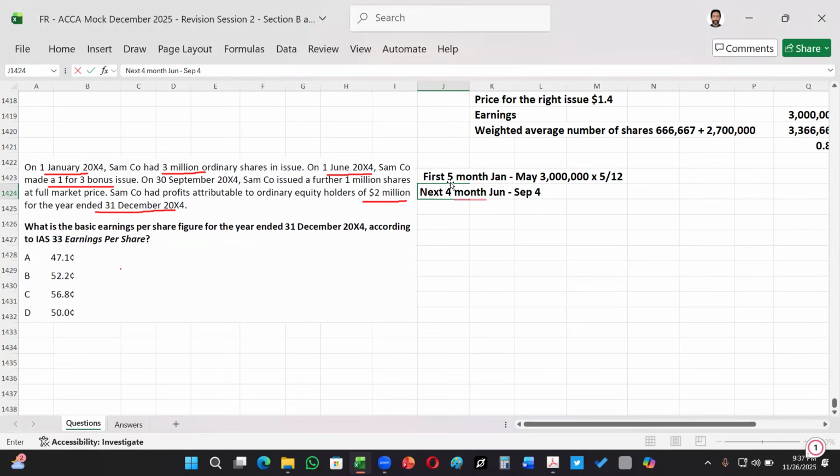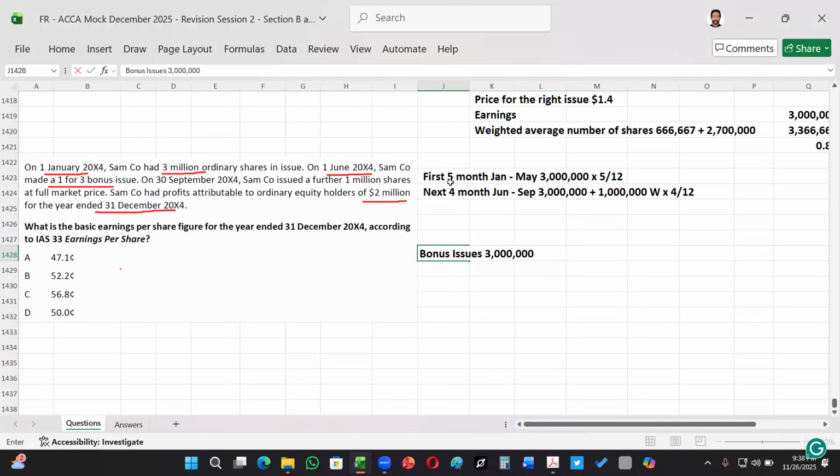So we would have this 3 million plus this 1 million, because I've calculated the 1 million. Let me just calculate this value for you underneath, I will write it here as a working. This situation is for 4 months, so we multiply by 4 and divide by 12. So let's just calculate the bonus issue. We had 3 million shares.